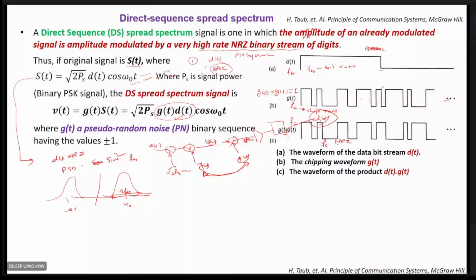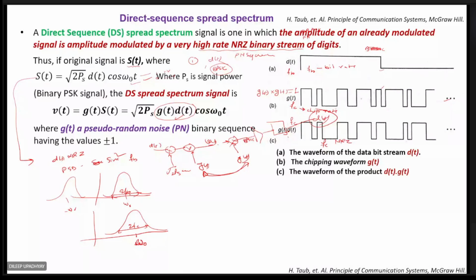So its power spectral density will also be a sinc square function, but that sinc square function will shift to omega naught again. But the bandwidth of that spectrum will be twice FC, because the chip rate of this GT is FC. While for DT the bit rate is FB, so the bandwidth is twice FB.